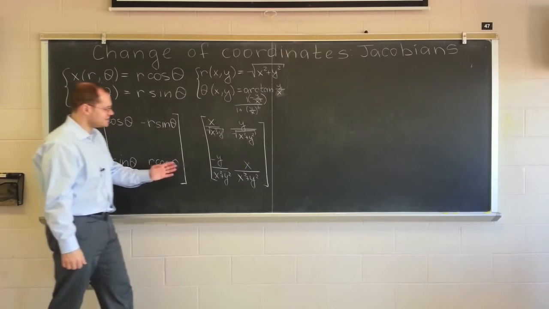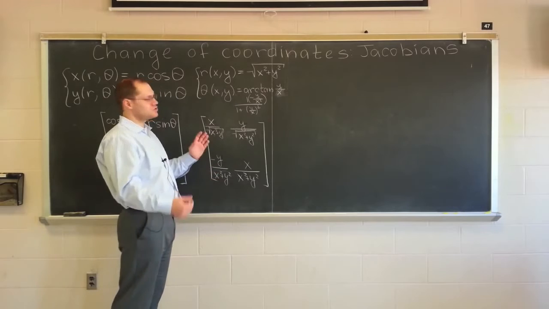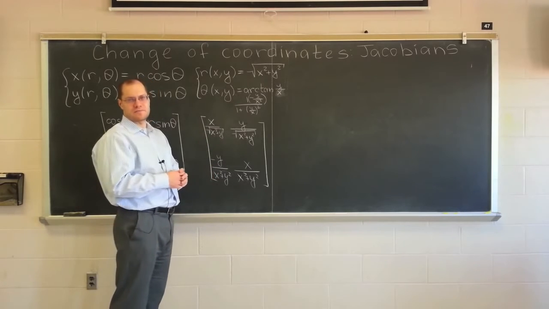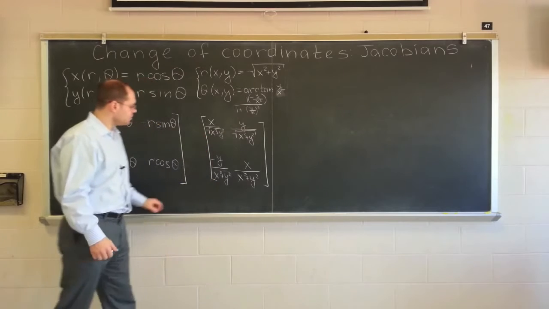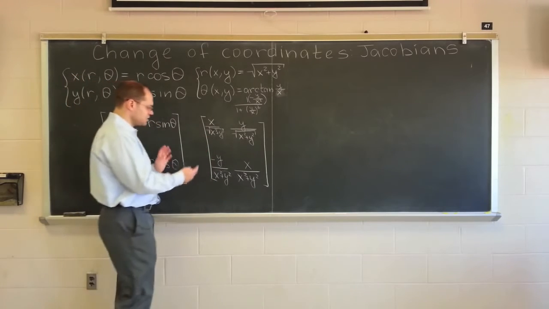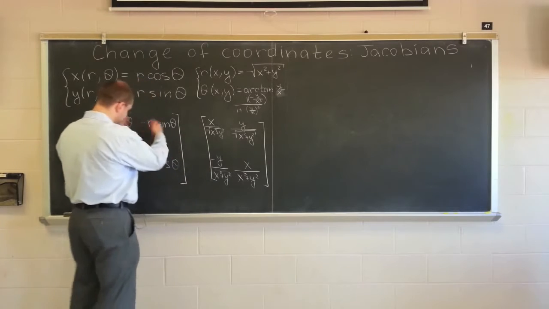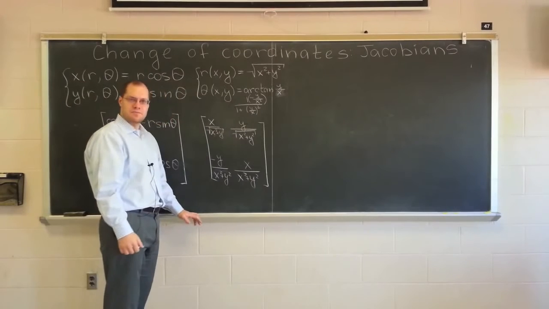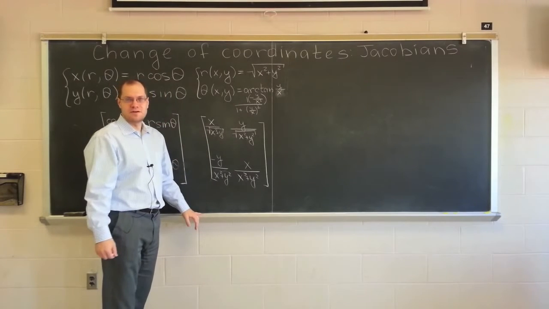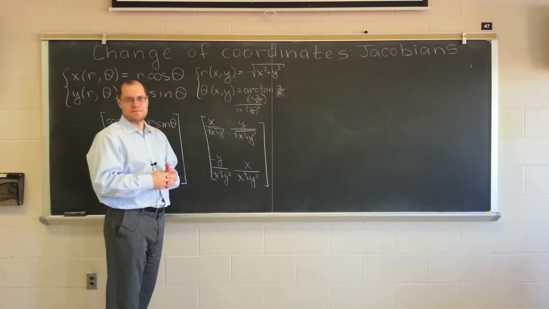So let's test that, make sure that it's true, and then try to figure out the fundamental reason behind this. This matrix is a function of r and theta, and this matrix is a function of x and y. That makes them hard to compare, so we'll have to convert them to the same coordinate system.